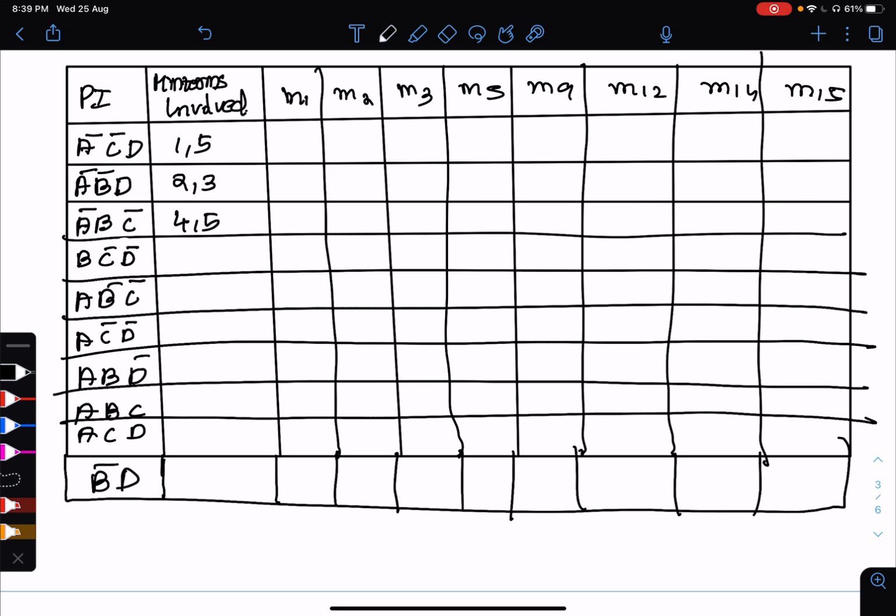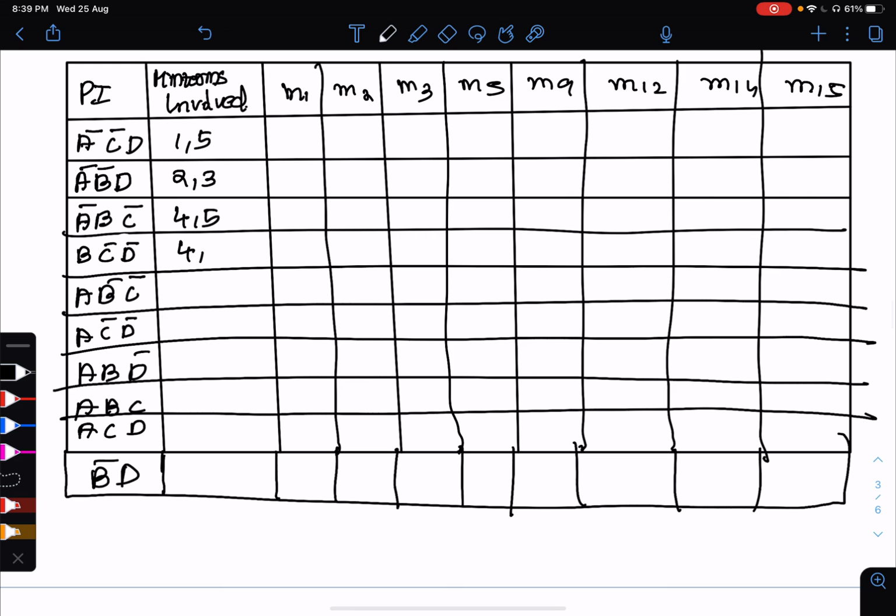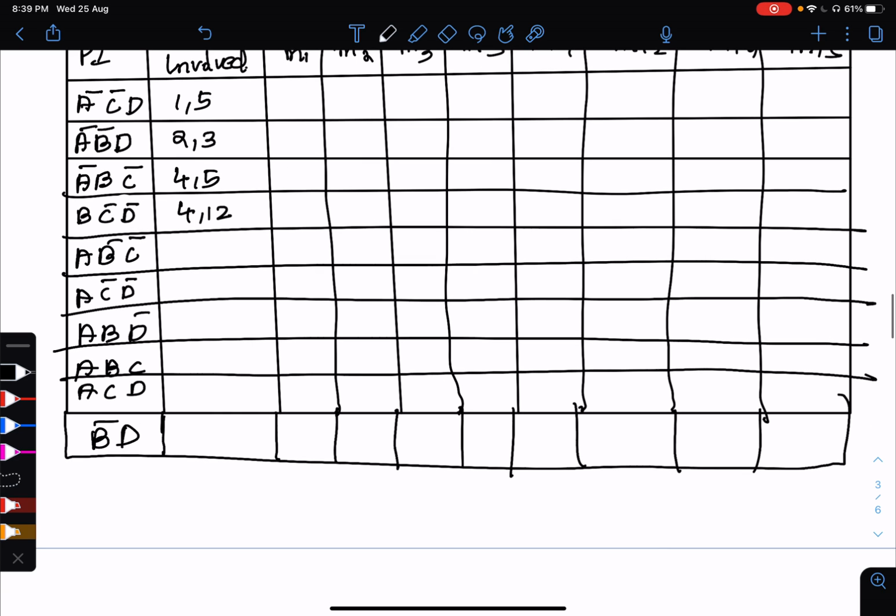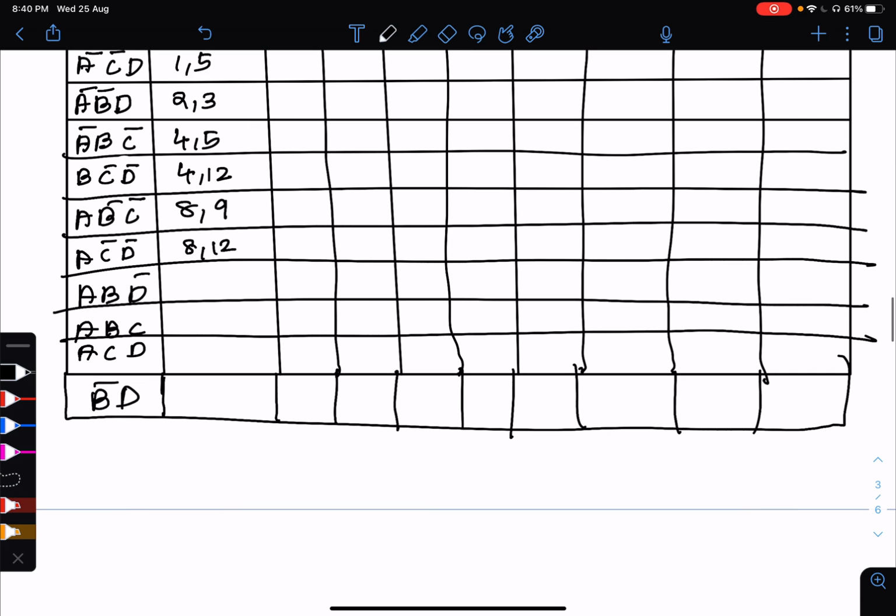So it is 4, 12. And A dash A B dash C dash, it is 8, 9. Now it is A C dash D dash, it is 8 and 12. Okay, it will be taking time. You can pause, or you can skip this.